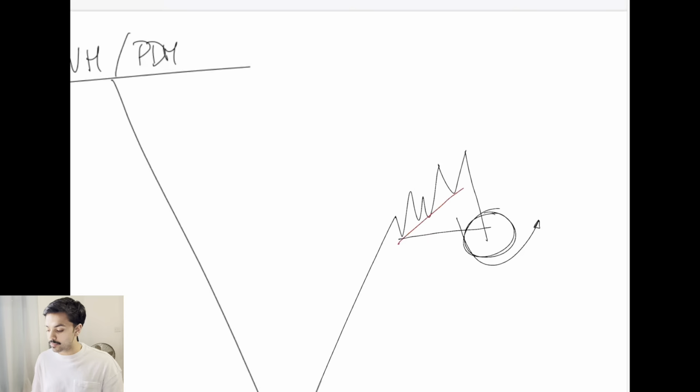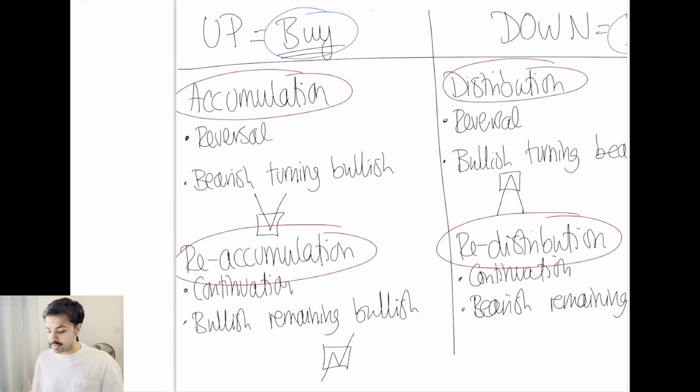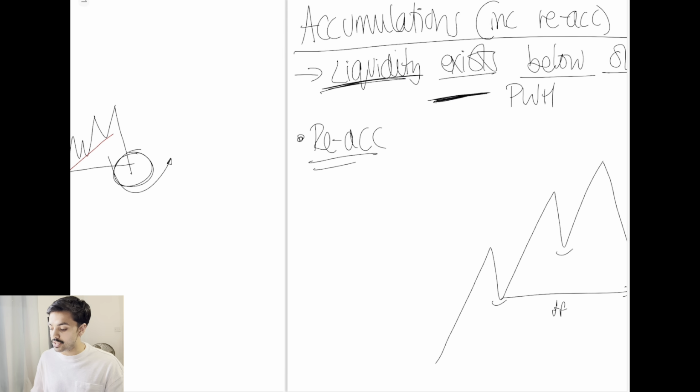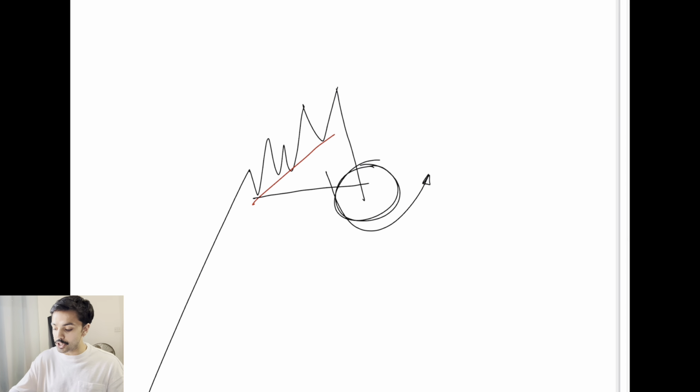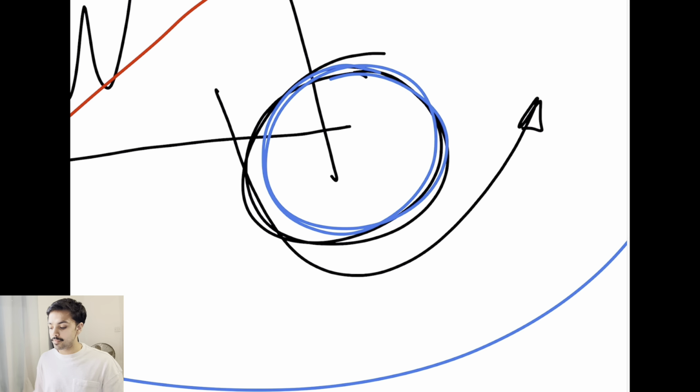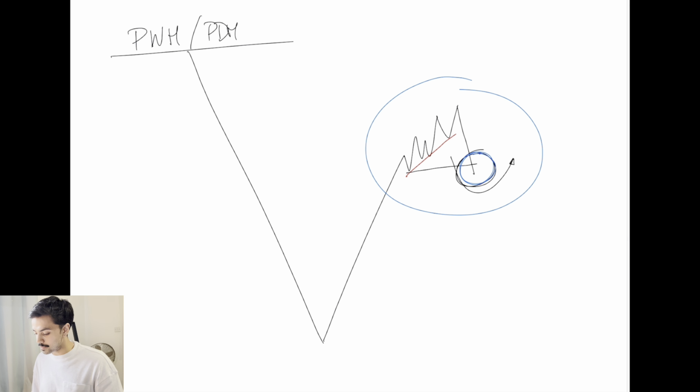Let's look at the table. Bearish to bullish at the low. That's an accumulation. So you can understand that within this overall reaccumulation, you're going to have a local accumulation over here. Is that making sense to everyone? I hope it is. Let's move on.